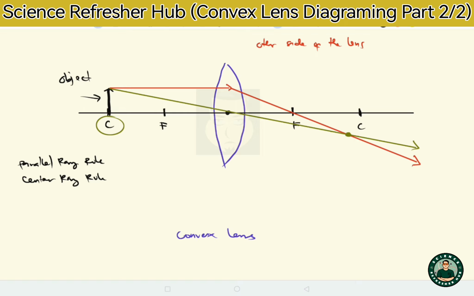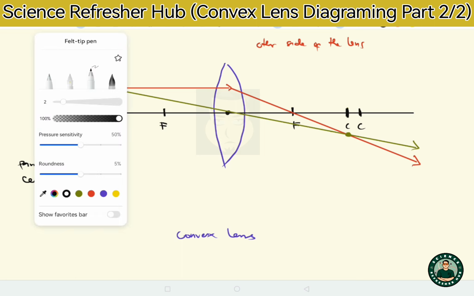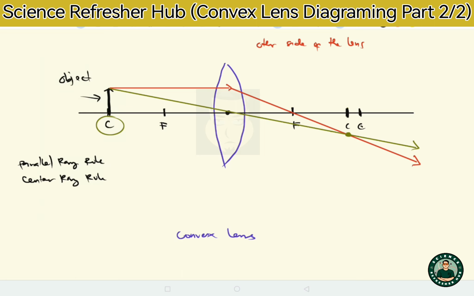The perfect location of my C, or center of curvature, will be this point. So this will be the center of curvature. I just changed it to jive with the image formation if the object is at C.